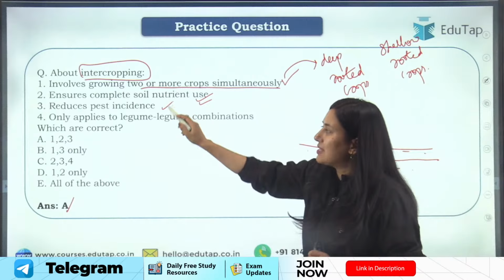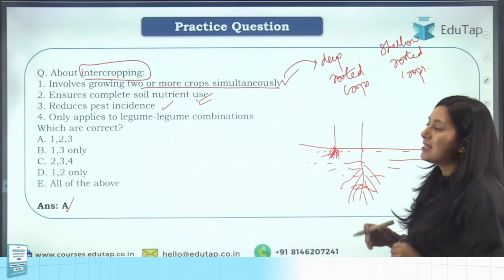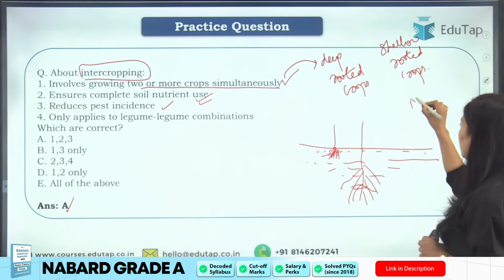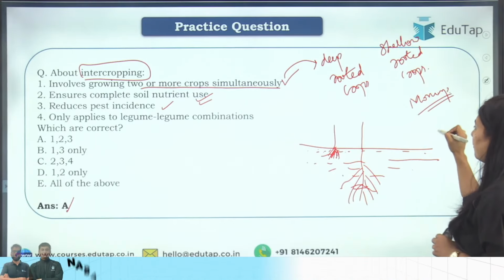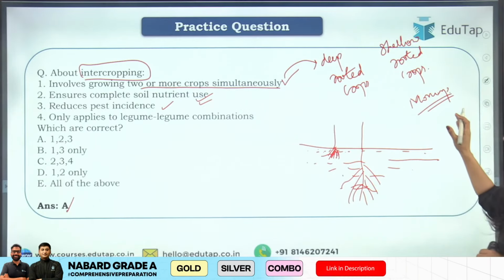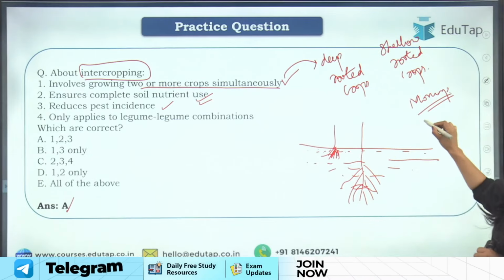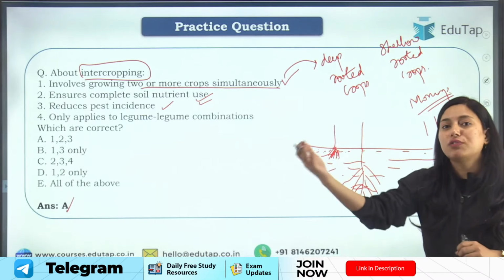Then, reduce pest incidence. So sometimes students, due to intercropping, pest incidence is also reduced, because if we have only a monocrop, like only one crop growing in the field, there are high chances that pests and diseases can spread faster. Okay, because the disease or the insect will find a host faster, right?